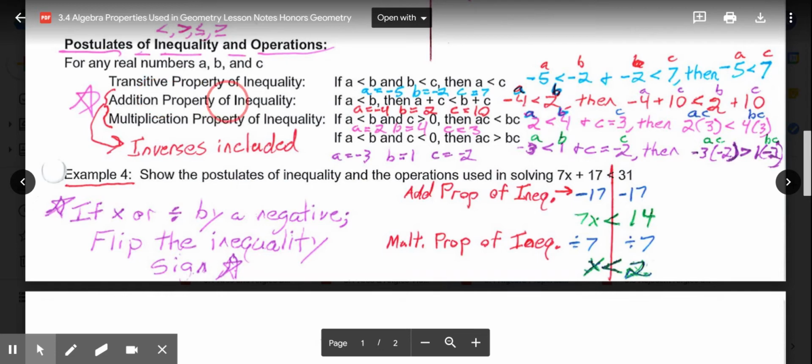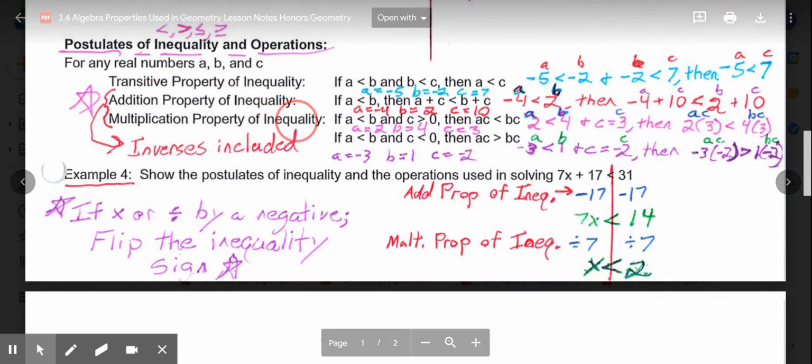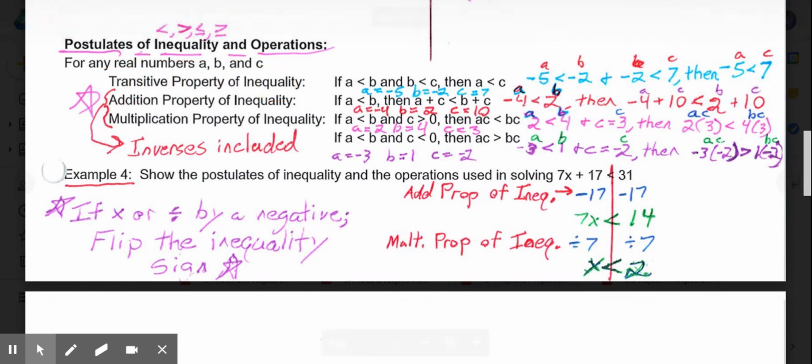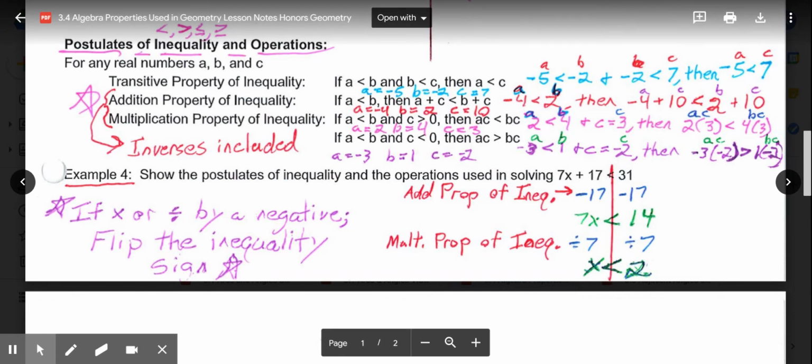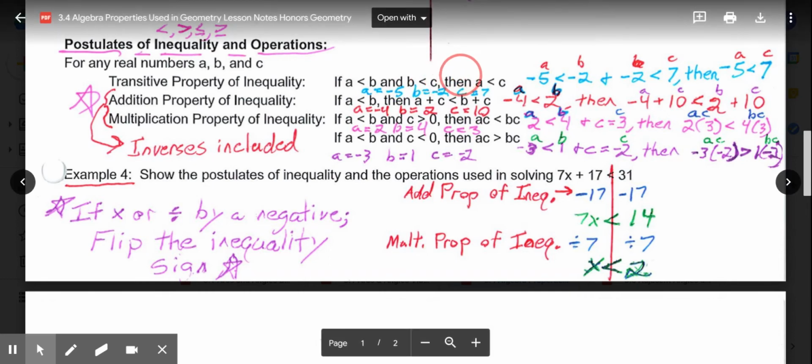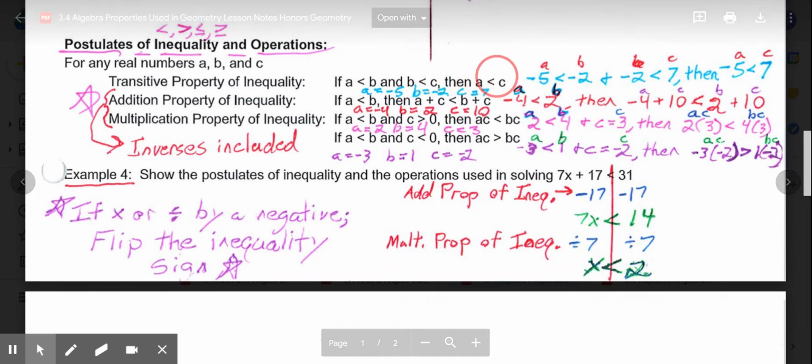The addition property of inequality and the multiplication property of inequality, just like earlier, include the inverses of addition and subtraction. The new property that we're looking at here is the transitive property. The transitive property says if A is less than B and B is less than C, then we could say that A is less than C.